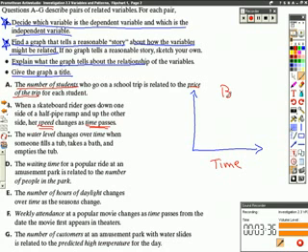This is for B: time and speed. Remember, time is generally always on the x-axis, so speed has to be on the y-axis.